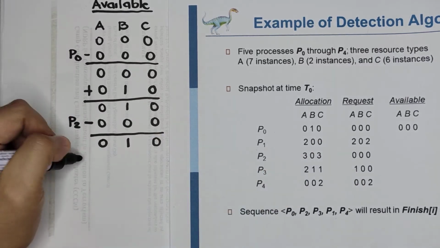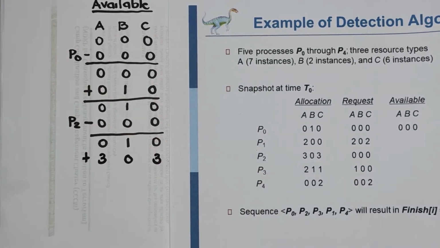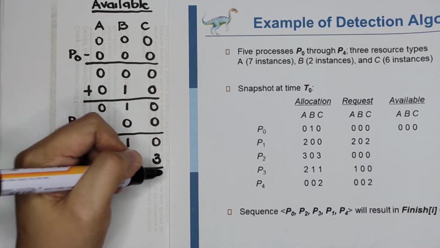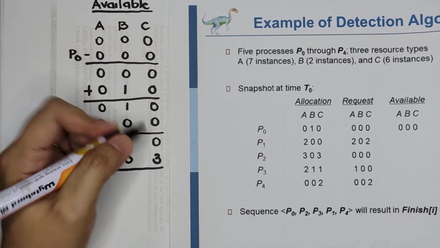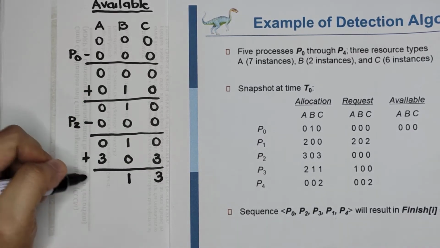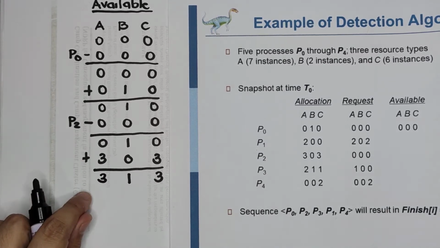So we have plus 3, 0, 3. 0 plus 3 is 3, 1 plus 0 is 1, and 0 plus 3 is 3. So this is already our current available resource values for A, B, and C.